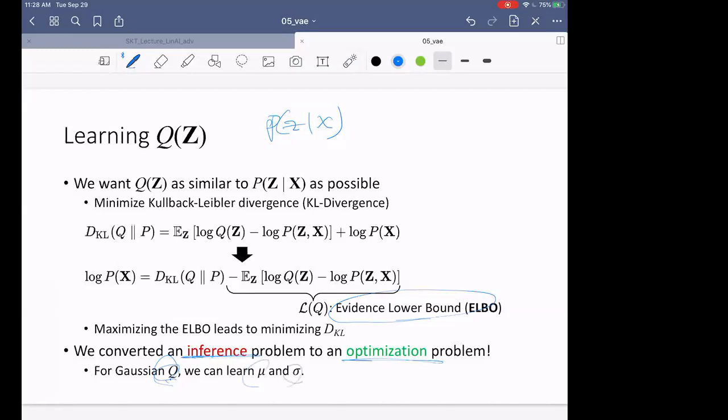So when we are optimizing the ELBO, we're learning the mu and sigma of your Q through maximizing this term. You can do it iteratively using gradient descent, or in this case, since it's maximization, gradient ascent, actually. And yeah, an optimization problem is easier to handle than an inference problem.